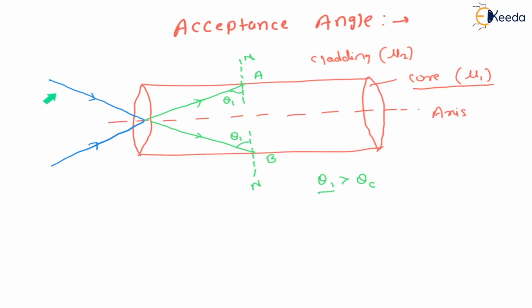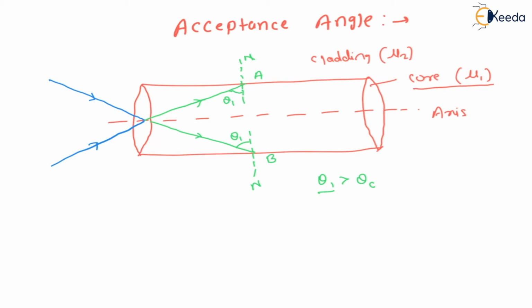If light comes like this, it will go like this, and for this particular path the angle of incidence will be greater than this theta 1. That means it is greater than the critical angle, so there will be total internal reflection.